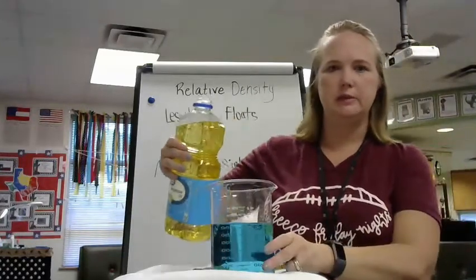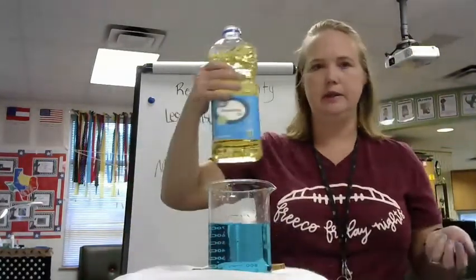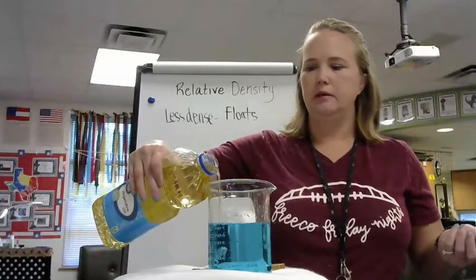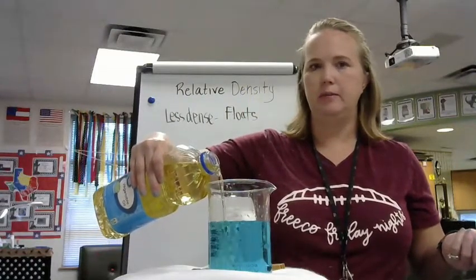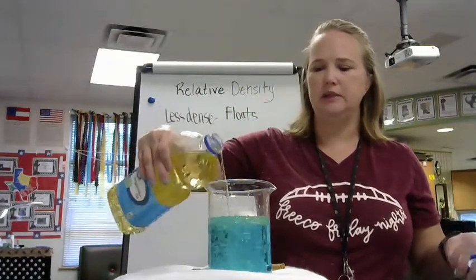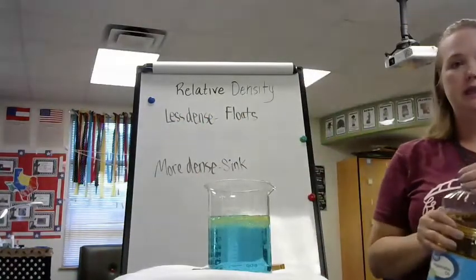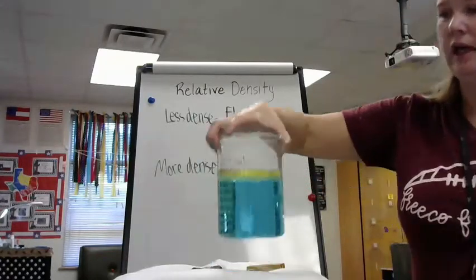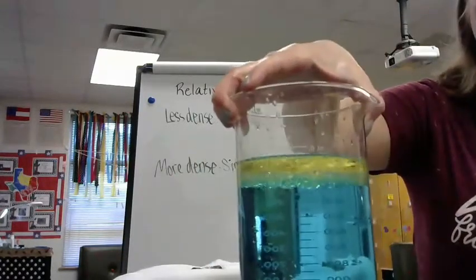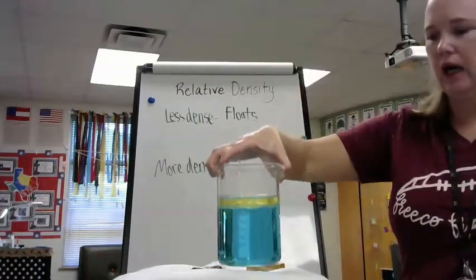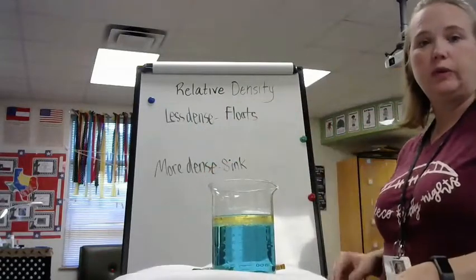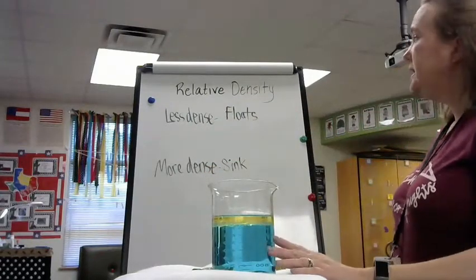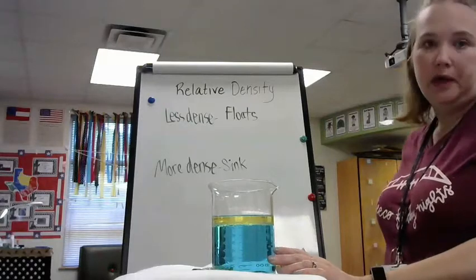And you should be able to see this pretty clearly because the water is blue and this is yellow. Okay, so let's see what happens. And at first it almost seems like it's mixing in. So we're going to give it a second to settle and see what happens. And you can kind of see that the vegetable oil is at the top. So that means that the vegetable oil is less dense than the water.